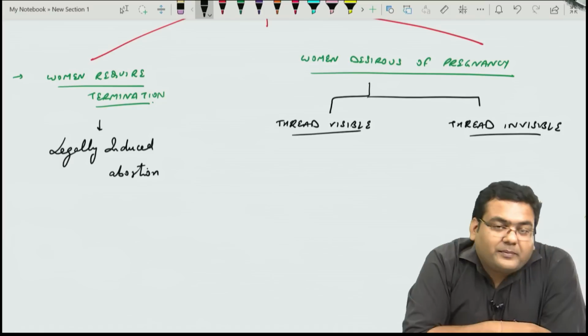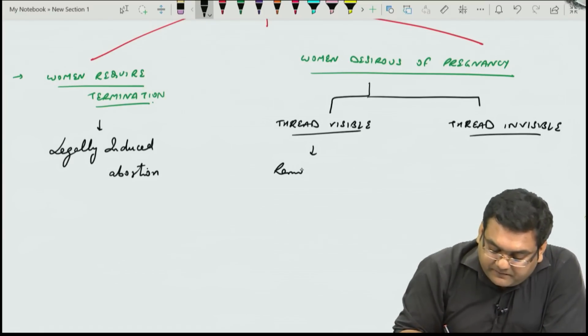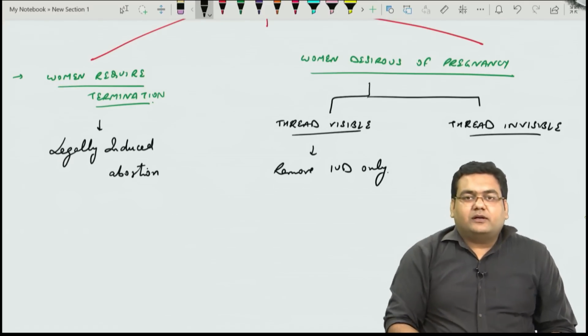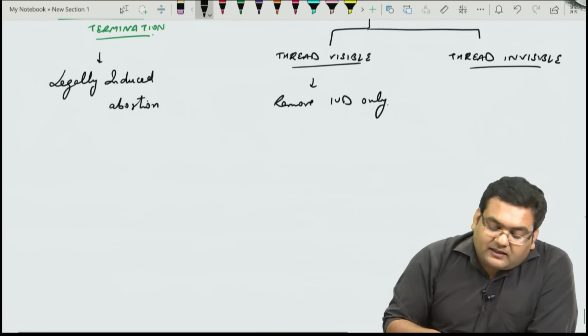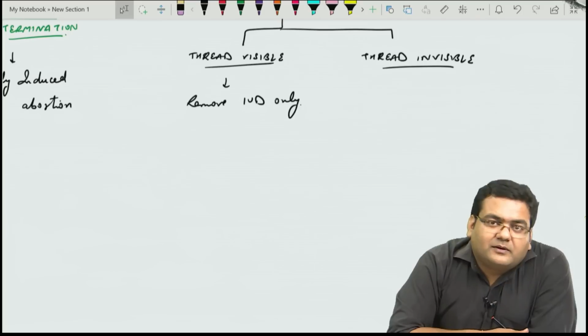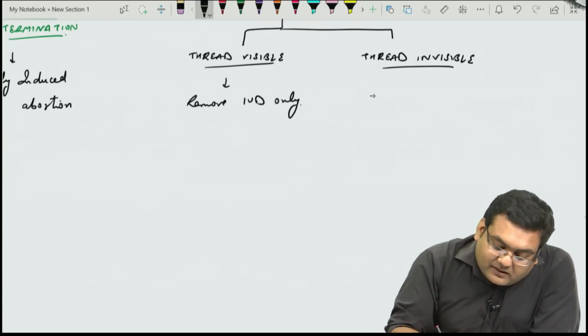In case copper T thread is visible, we go for just removal of IUD. Whereas in case copper T thread is not visible and the woman is desirous of continuation of pregnancy, what do we do?